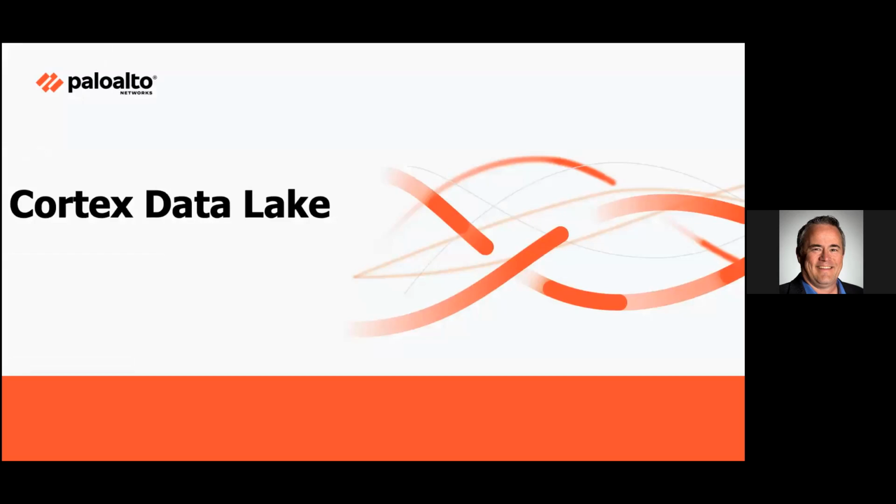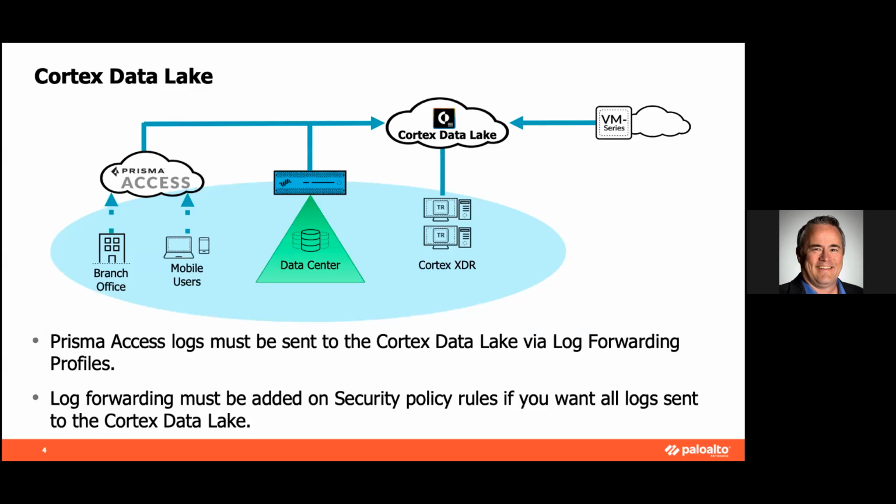First of all, Cortex Data Lake. As I mentioned, Prisma Access is required to forward its logs to Cortex Data Lake. Cortex Data Lake is our cloud-based logging solution that gives you secure, resilient, fault-tolerant, highly available logs that are going to be up to date and, of course, available whenever you need them.